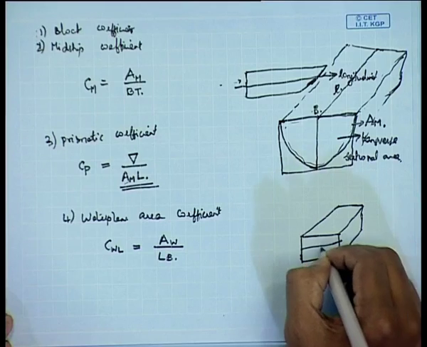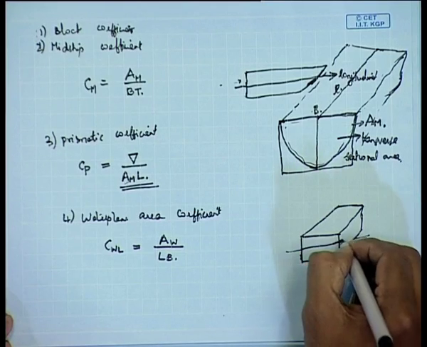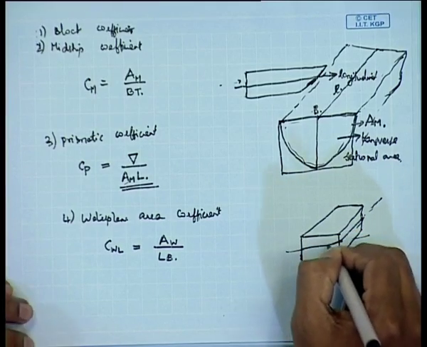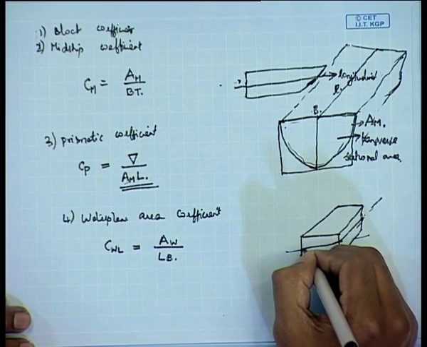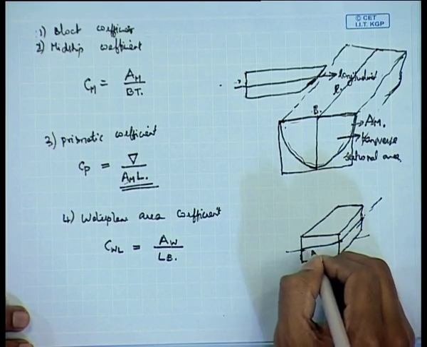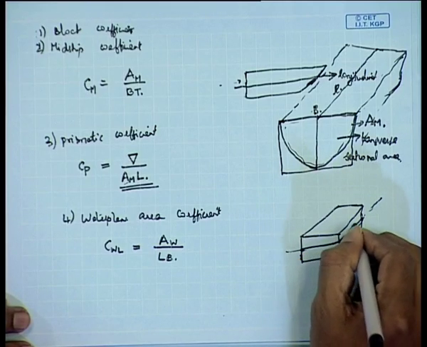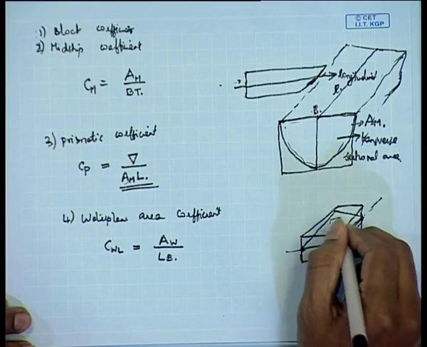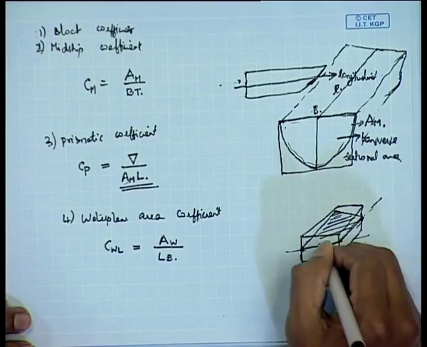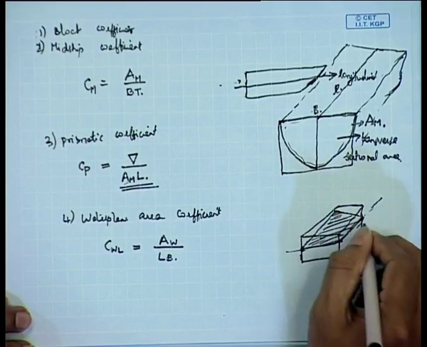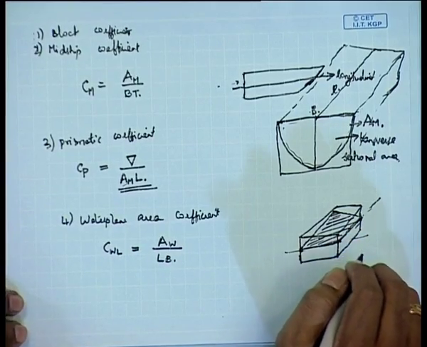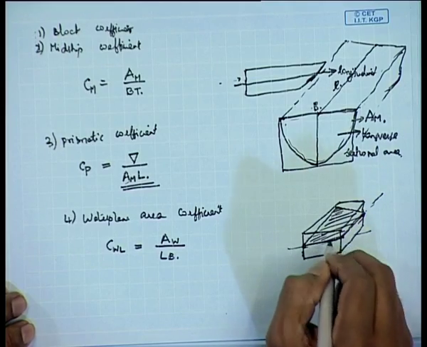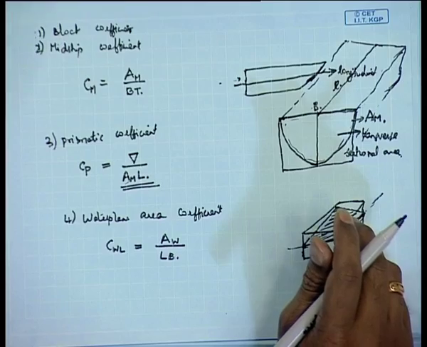Let us say this is the water line, this is the ship, and AW is this area, this water plane area, divided by L into B. L is this distance L and B is this breadth B. This is known as the water plane area.